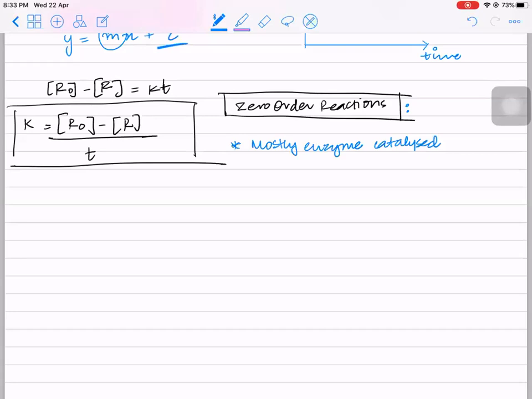Other than this, you have reactions on metal surfaces. Reactions on metal surfaces are also zero order, because the amount of metal surface is what the rate will depend on, right?